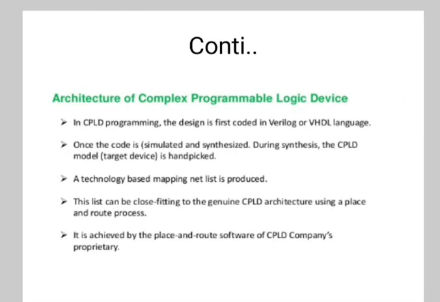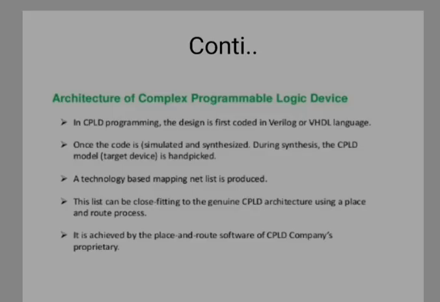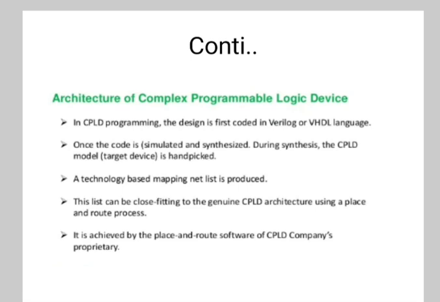In CPLD programming, the design is first coded in Verilog or VHDL language. Once the code is simulated and synthesized, during the synthesis, the CPLD model or target device is handpicked.